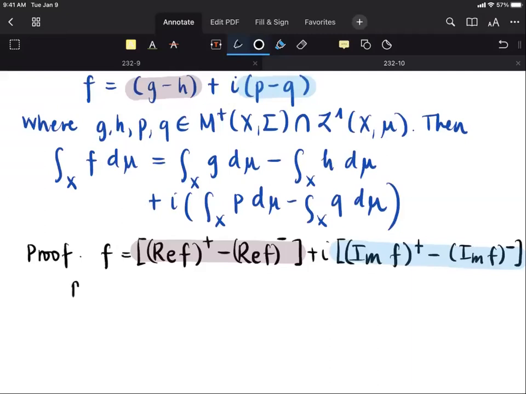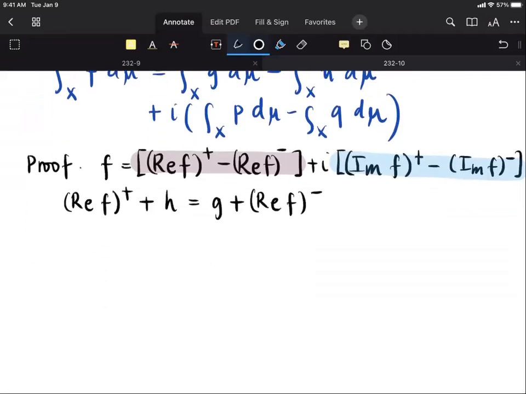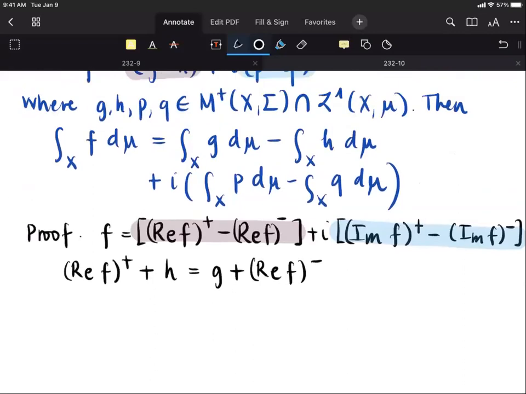The real part of f plus h is the same as g plus the negative part of the real part of f. And in a similar manner, we obtain the following identity.